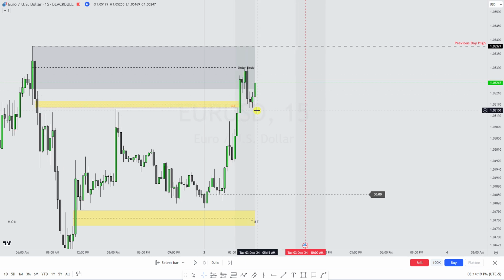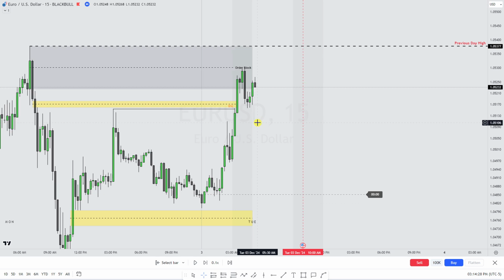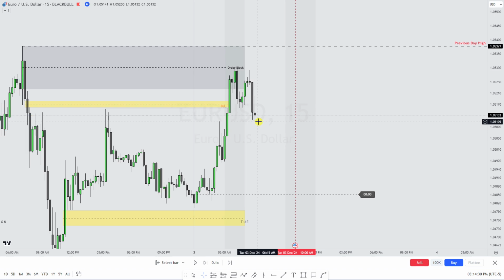So as you can see, nothing was set up within this session. There was no trade setup. There was no trade opportunity for me during London session. And price continued to move right here. This is a failure swing, so there's nothing for me here. We have now retraced into this imbalance down here.